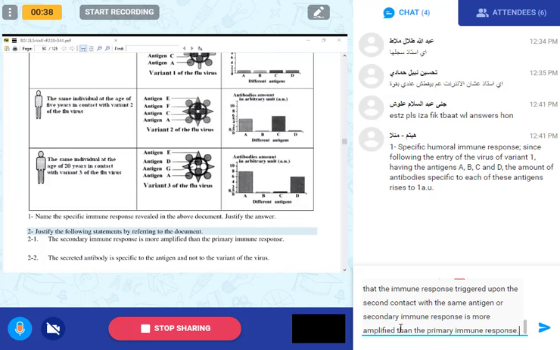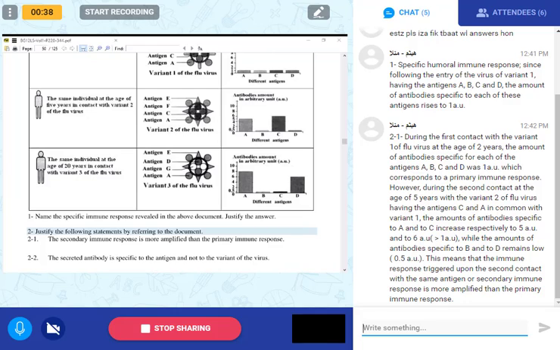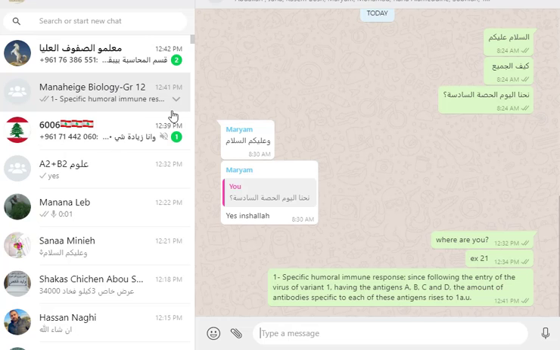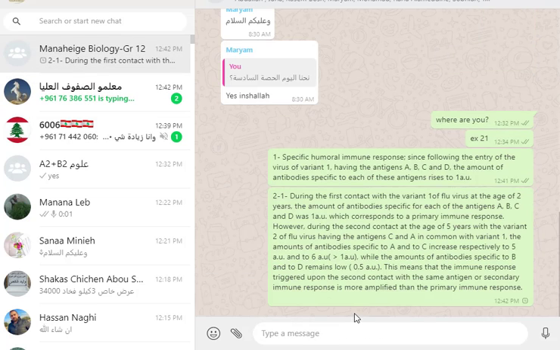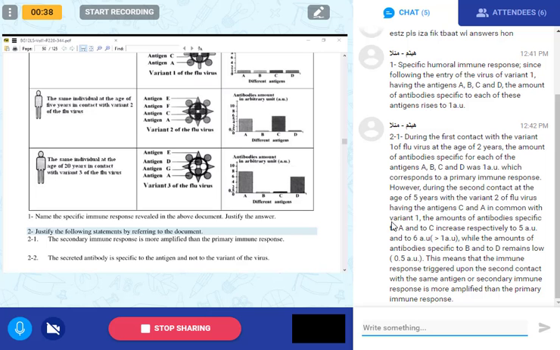Okay, Maryam, let's read this part please. During the first contact with the variant 1 of the flu virus at age of 2 years, the amount of antibodies specific for each of the antigens A, B, C, and D was 1 AU, which corresponds to a primary immune response.